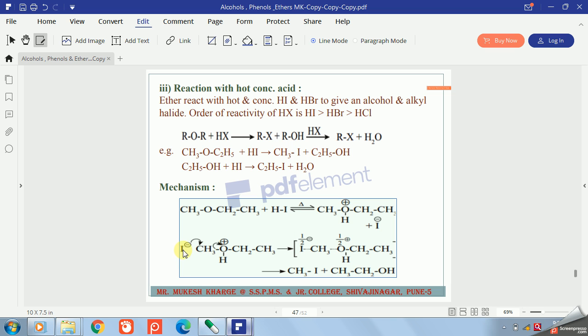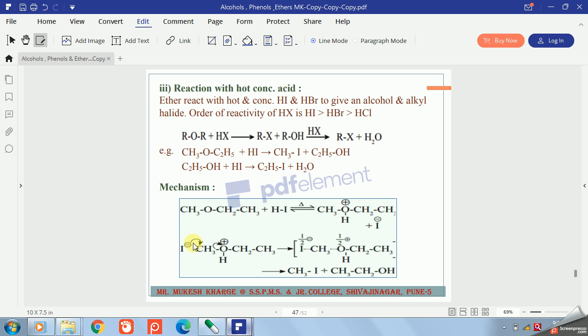And in the second step, that free I minus, which acts as a nucleophile, will attack the electron deficient carbon. It will attack the smaller alkyl group carbon. Here the CH3 group will be the smaller group. So I minus will attack CH3, and if you observe, this is like your SN2 reaction mechanism. So I will attach to CH3 and the remaining group is OH C2H5.